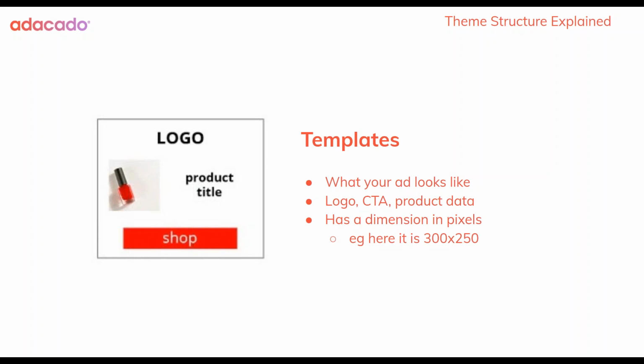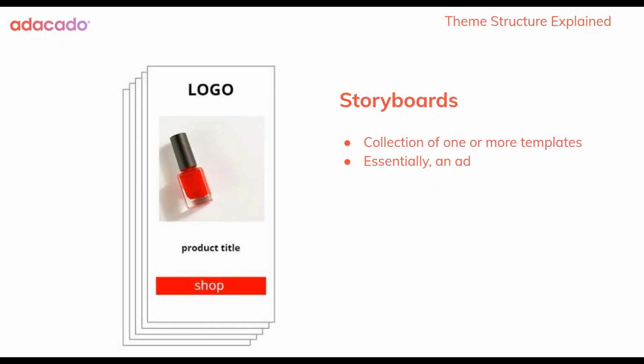A template might have your logo, a CTA, just a call to action button. It might have product data, all sorts of stuff. And that combination creates a template. From a template, we have what we call storyboards. The storyboards are essentially your ad.